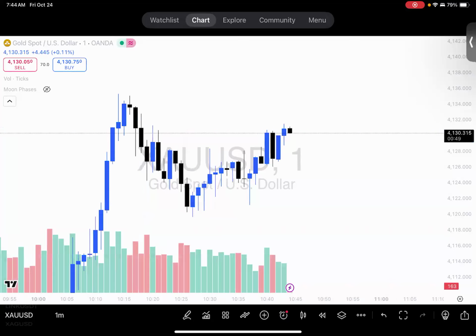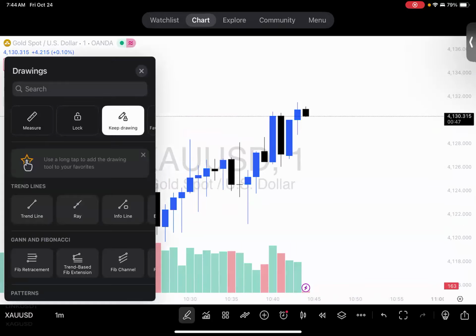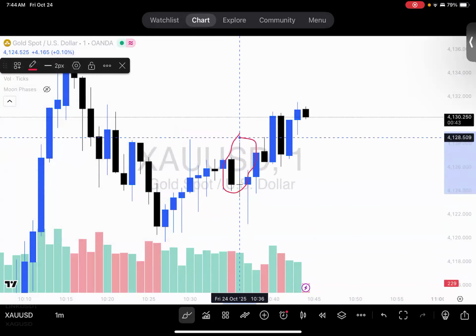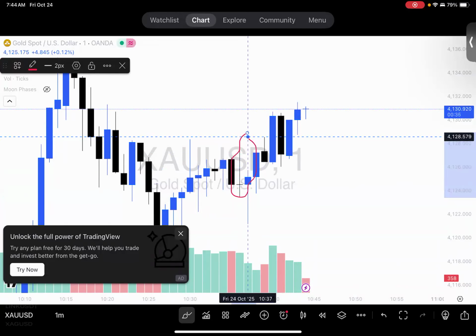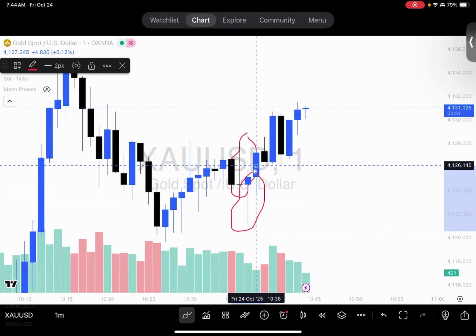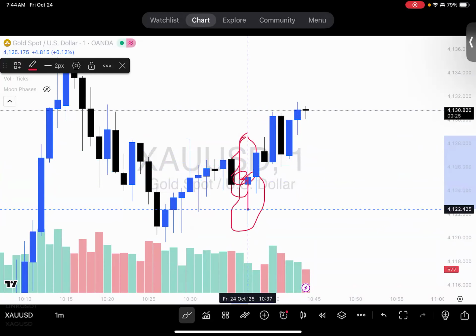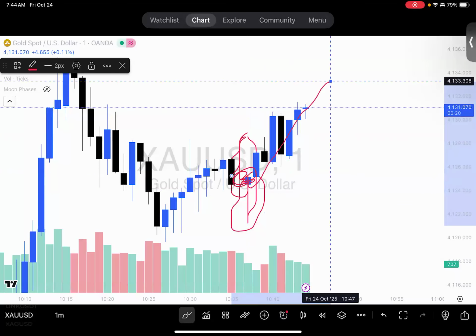We have this doji here, right? Actually, back right here, this one, followed by a bullish dragonfly, which shows us again the market wanted to push higher, didn't, created a doji, pushed lower, created this dragonfly. This is a strong area to then buy higher for the short term, right?